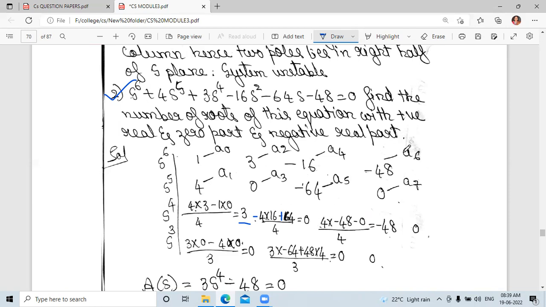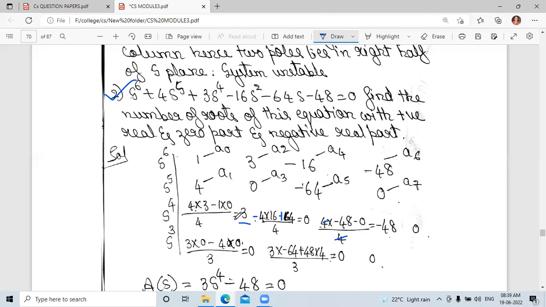Next, 4 into minus 48 minus 0 into 1, divided by 4. So you'll get minus 48 only, as the 4 gets cancelled. Next, 3 into 0 minus 4 into 0, divided by 3. You'll get 0.